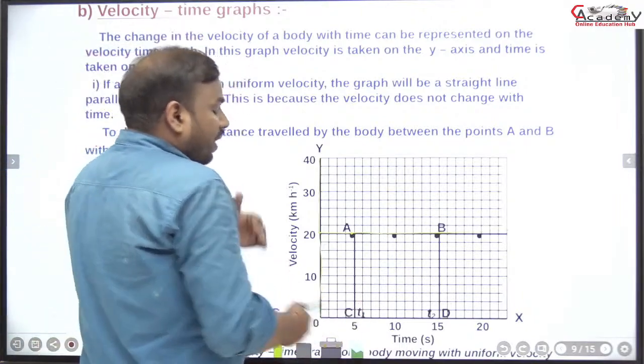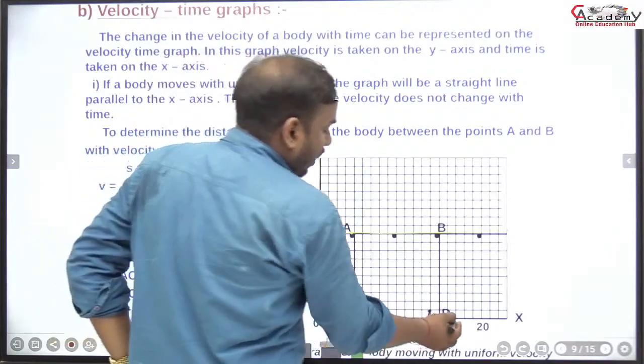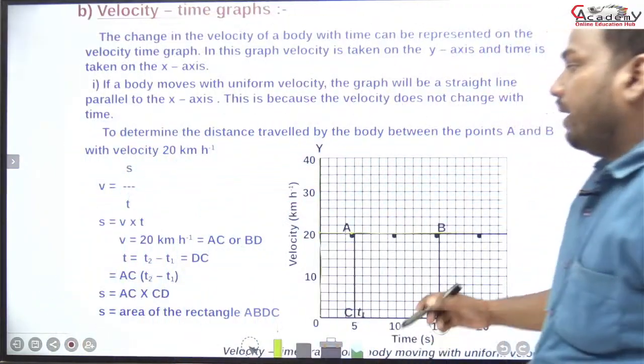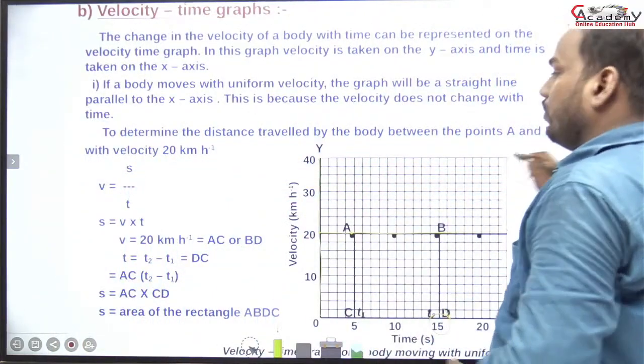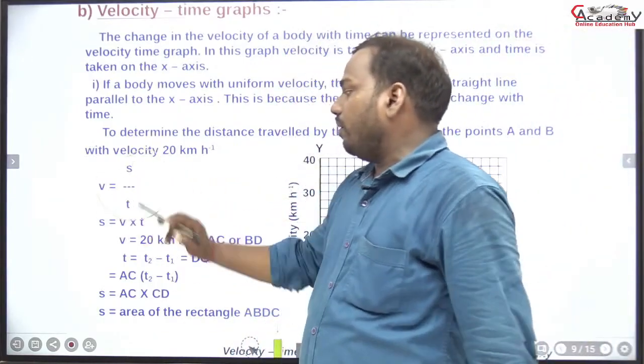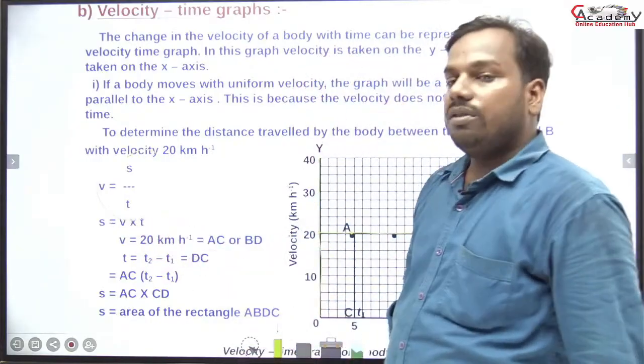So we start measuring velocity from point C to point D. Okay, then here velocity is equal to distance upon time. So we can write distance is equal to velocity into time.